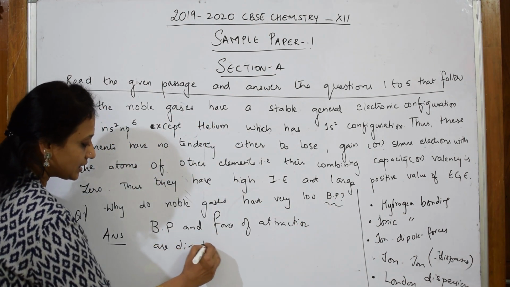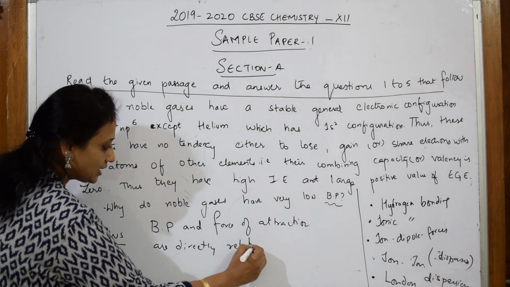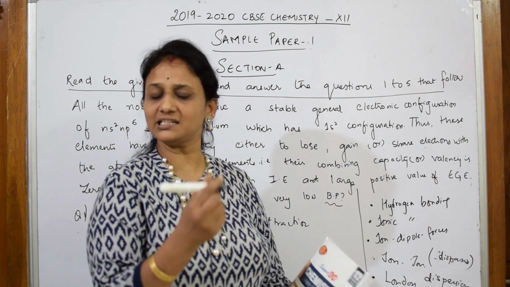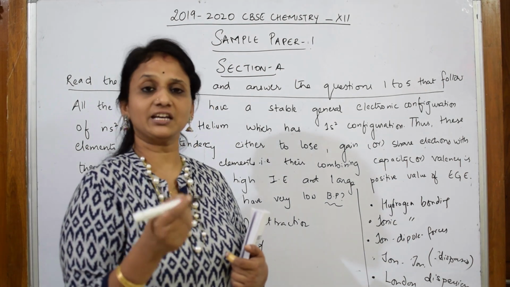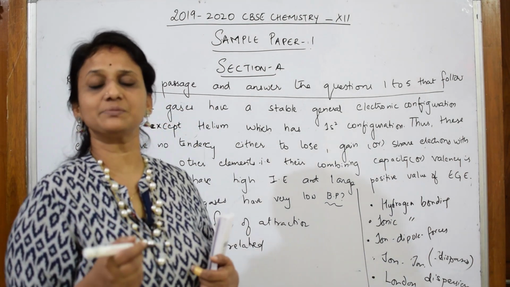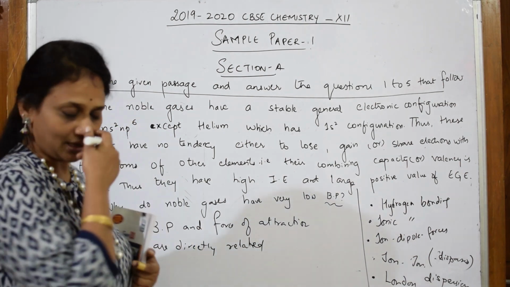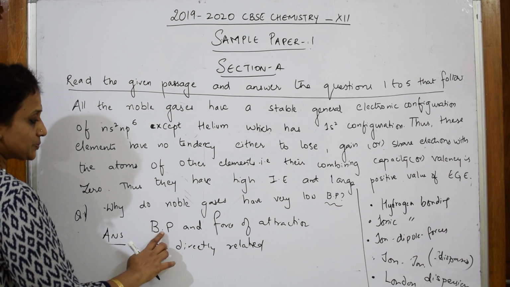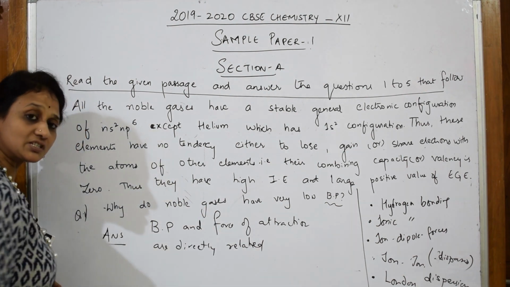How are they directly related? If the force of attraction is weaker, I can easily break the bond. If I can easily break the bond, easily the particular atom can participate in the chemical reaction. So here, when I speak about inert gases, what is the type of force?